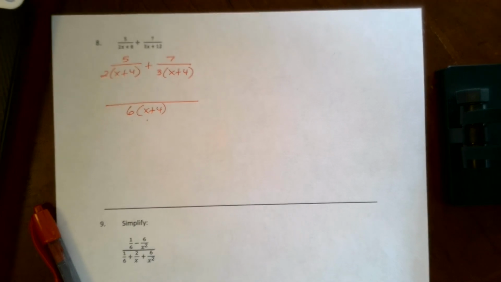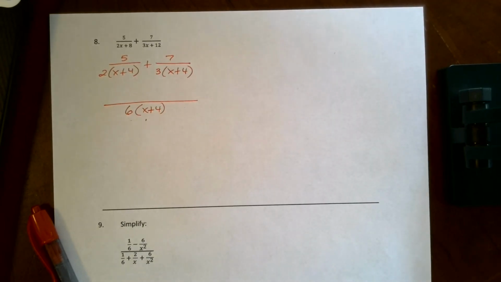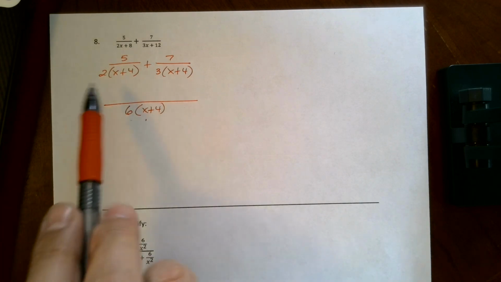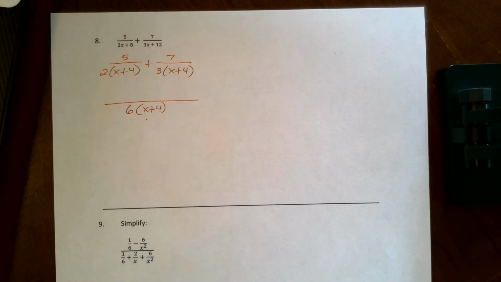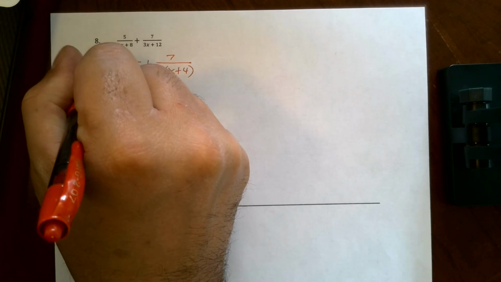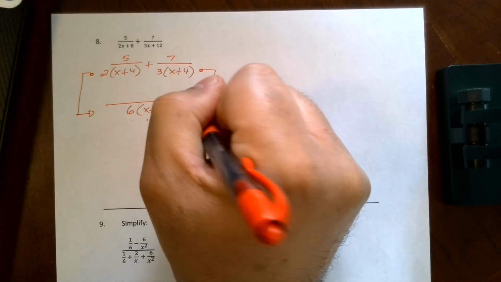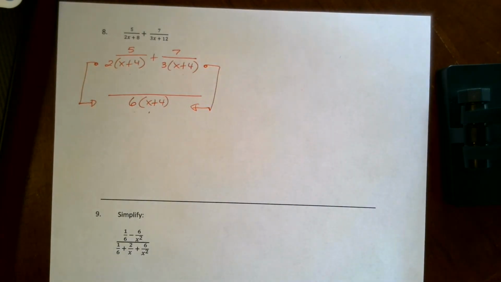My objective here is I want these 2 denominators to be the same. So what I want to do is multiply by a value that will make them my LCD.